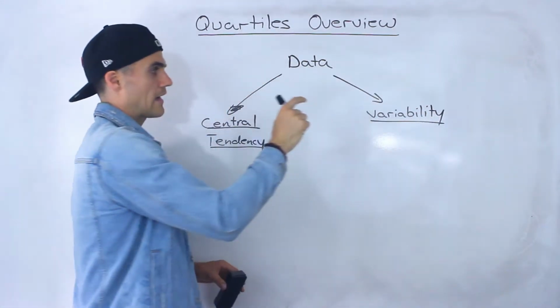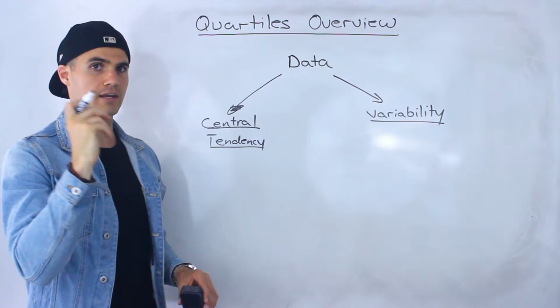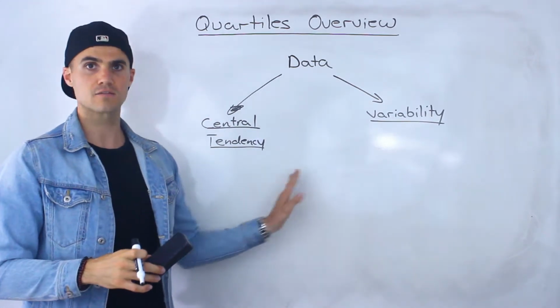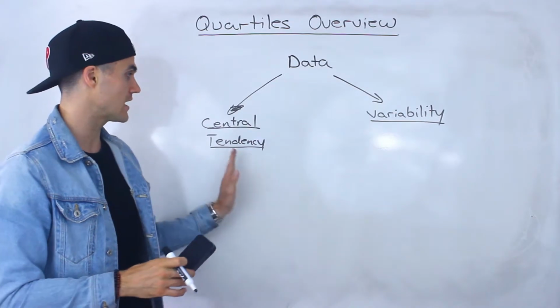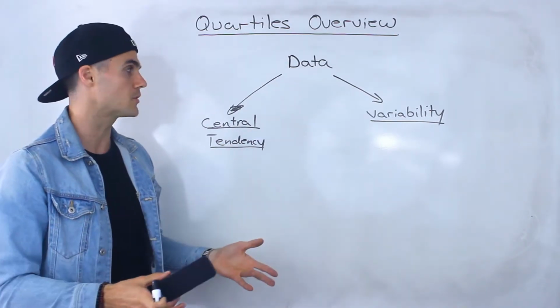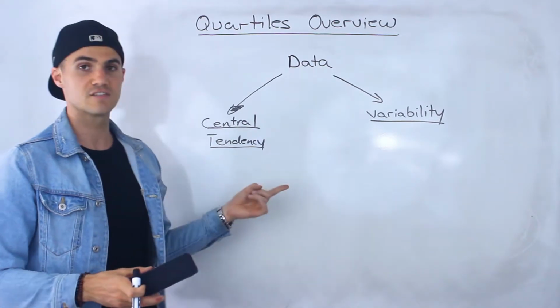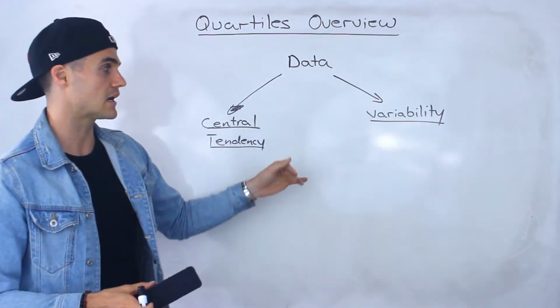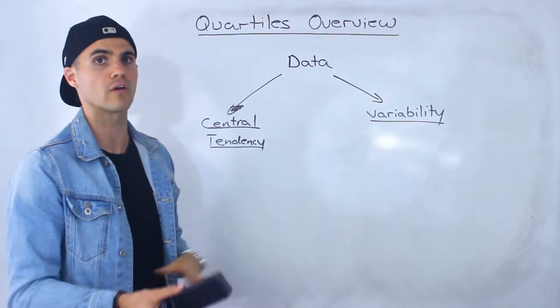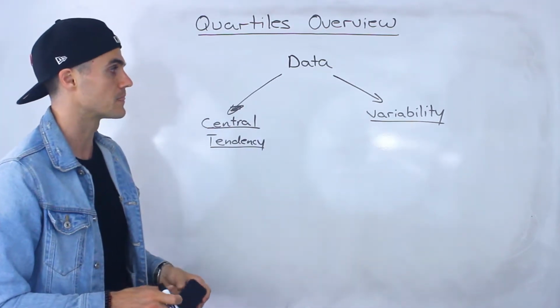And I showed that in the last video in an example where we had two sets of data, and both sets of data had the same central tendency measures. They both had the same mean, median, mode, but the two sets of data were very different because one varied a lot more than the other. So one had more variability than the other.